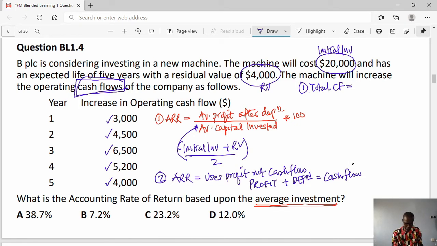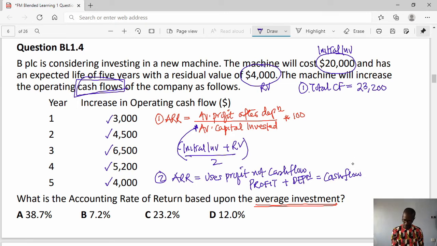If my calculation is anything to go by, the total cash flow is 23,200. Use your calculator. Don't just follow me without calculating. Don't just take my figures. 3,000 plus 4,500 is 7,500, plus 6,500 is 14,000, and so on, to 19,200, then 23,200.